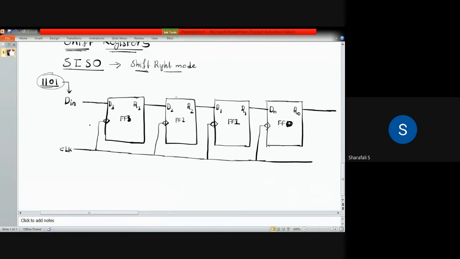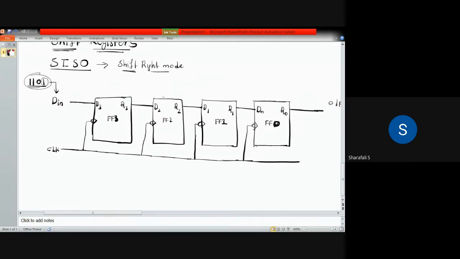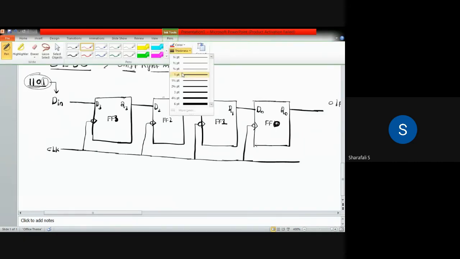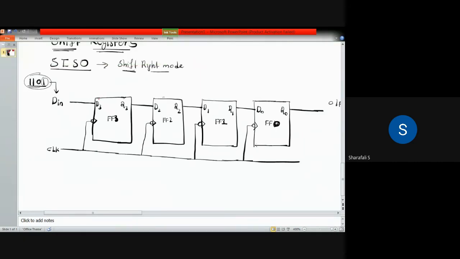So first this one will enter. So this D3 will become 1 now.